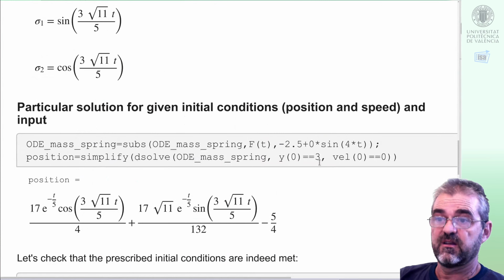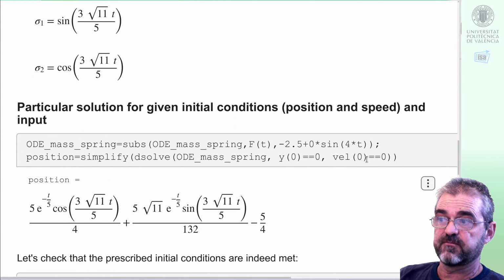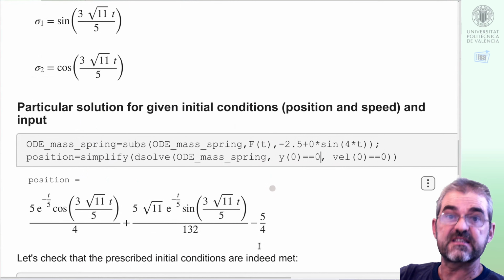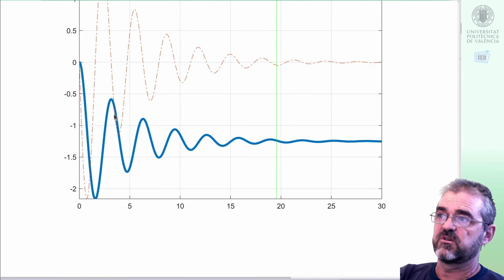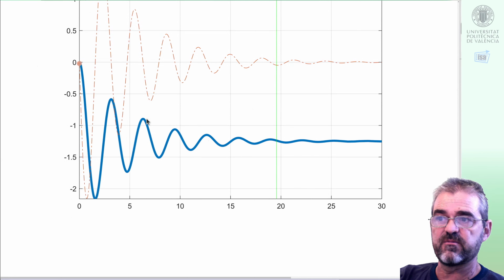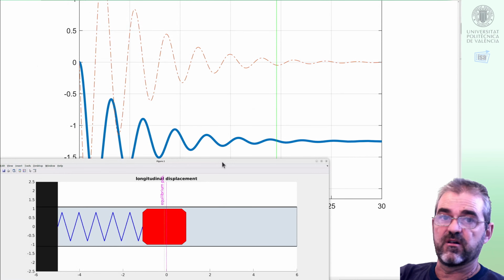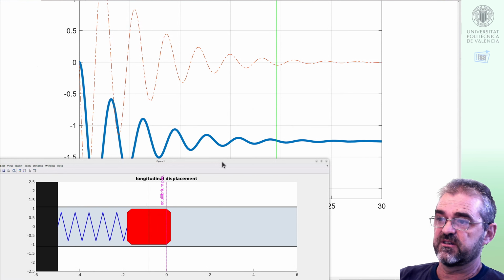Of course, if the initial position and speed were exactly 0, then this expression, this particular thing, is called step response. So this is the textbook plot of the step response from initial equilibrium until it stops in here, and the physical interpretation, the animation, is this one.